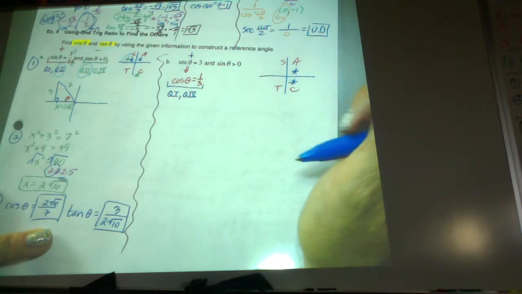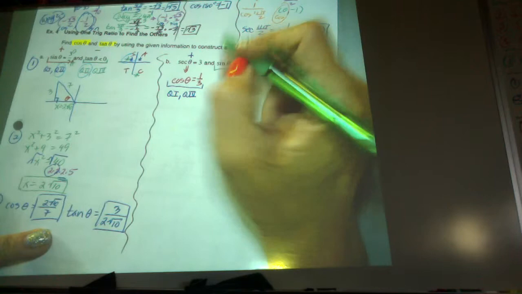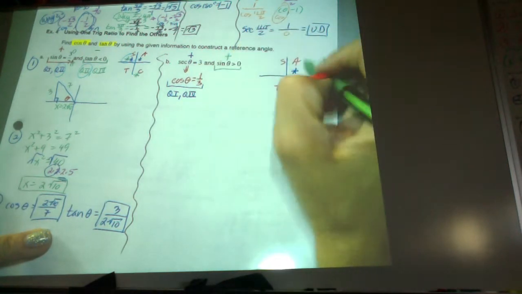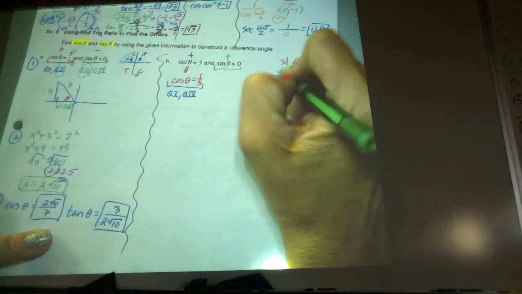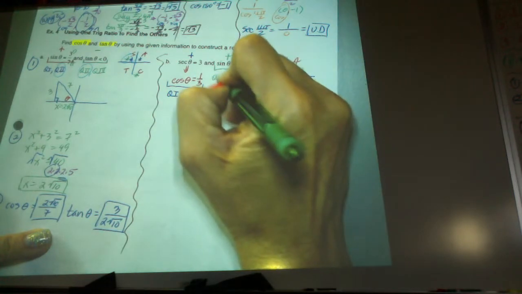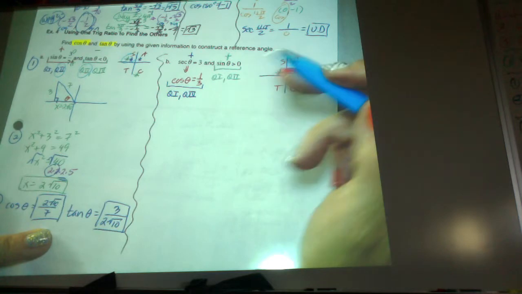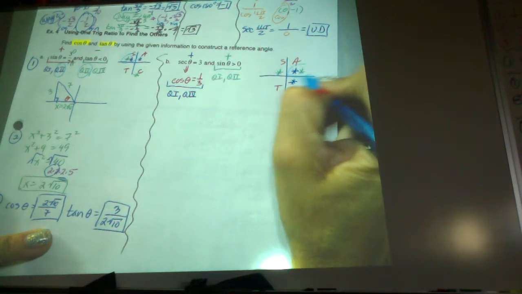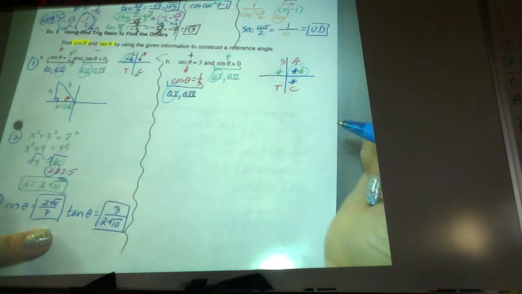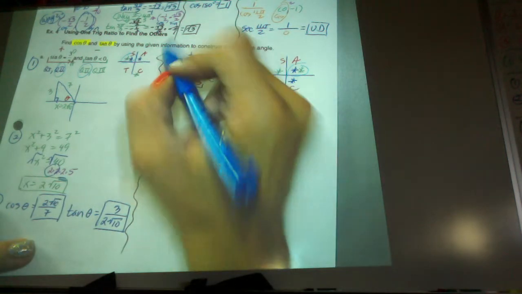Then they give us sine, and sine is what? What is greater than 0? Positive. So sine is positive in quadrants 1 and 2. Where do they overlap? Quadrant 1. They both have quadrant 1. So this is step 1, figuring out all that.